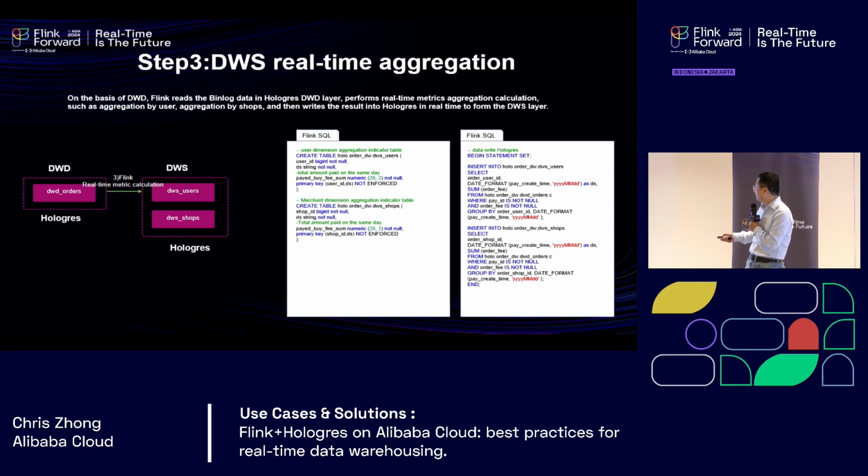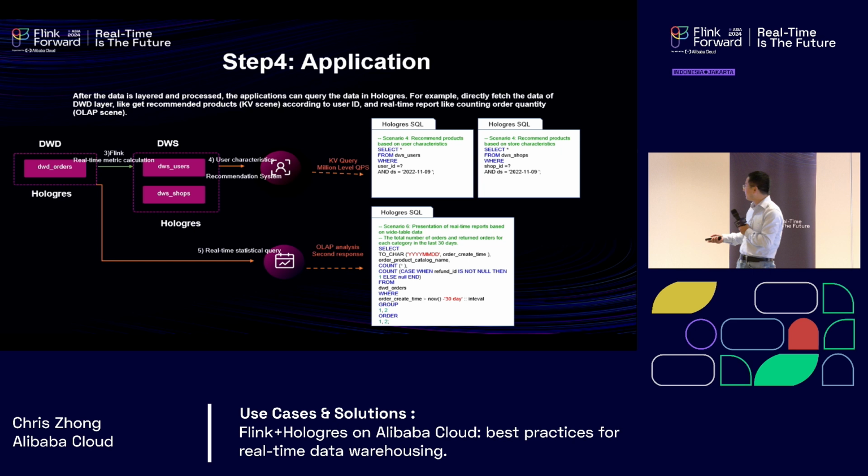After we build the DWS layer tables, then we go to the application. So there are several kinds of applications within one Hologres instance. For the recommendation scenario, we need to query the feature store. Yeah, the users feature store and the shops feature store, and then we can do the real-time recommendation.